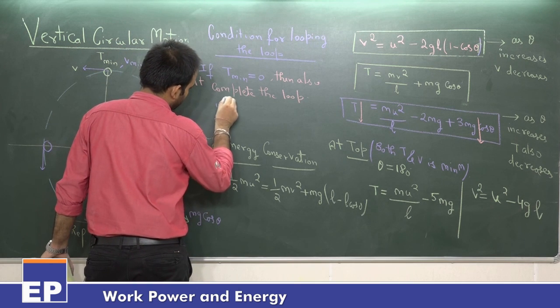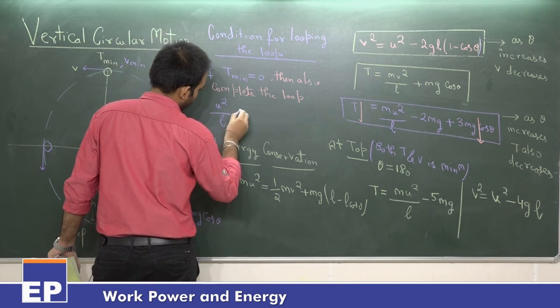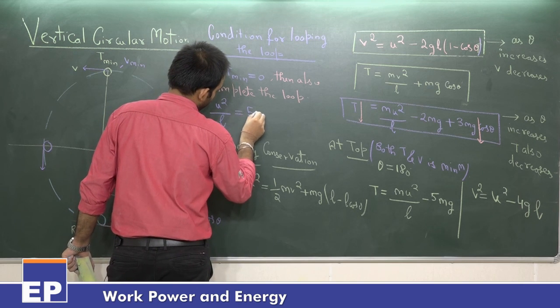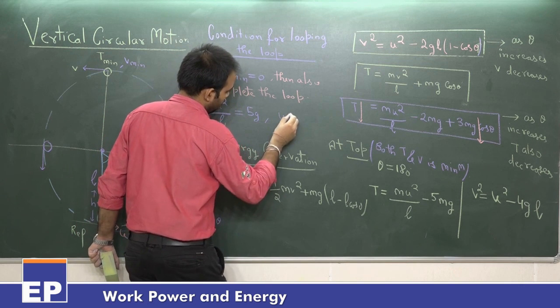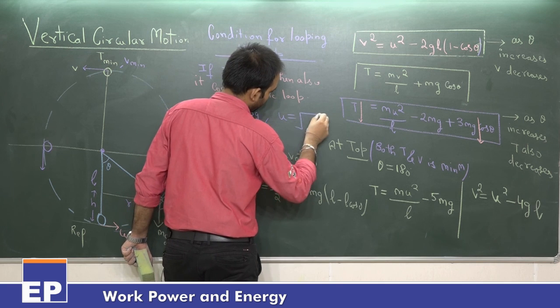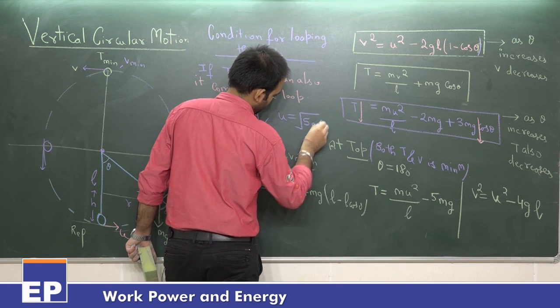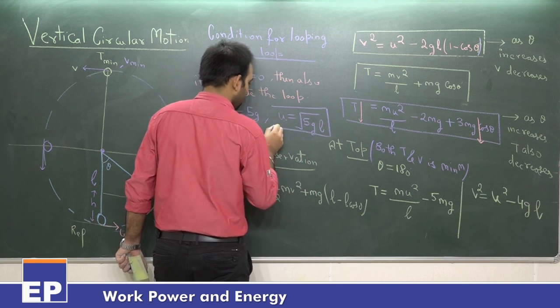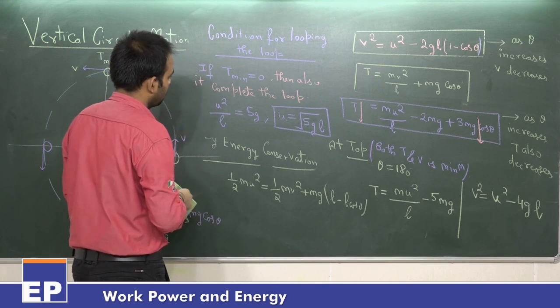This is u square by L is 5g. So what is u? U is root 5gl. It is the minimum velocity for the looping the loop.